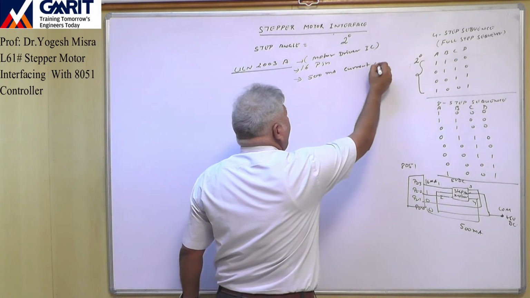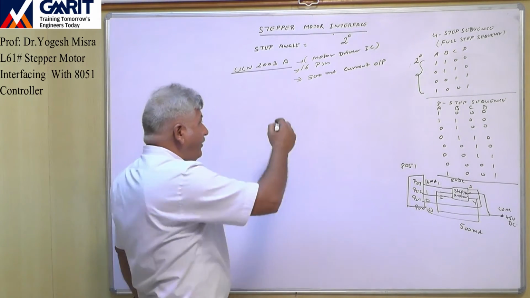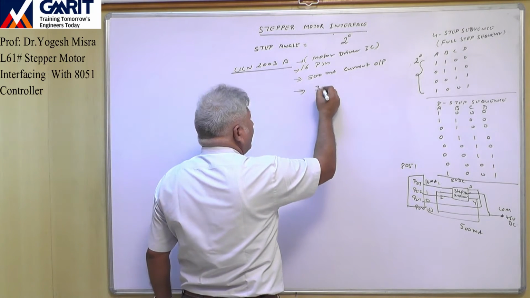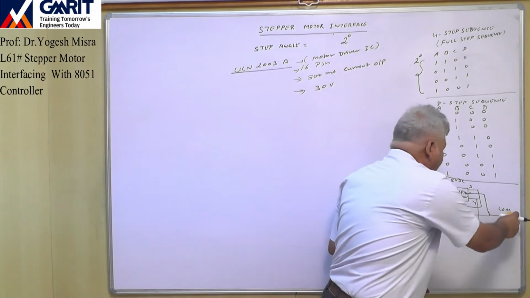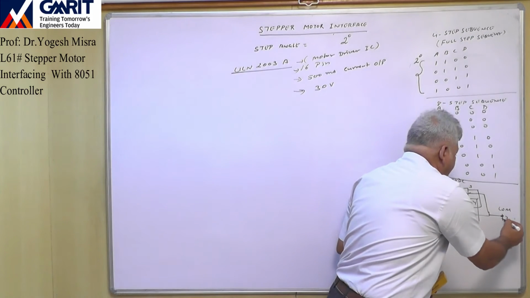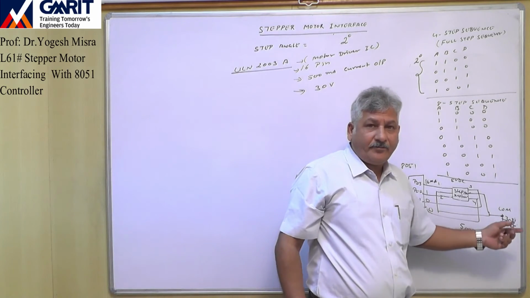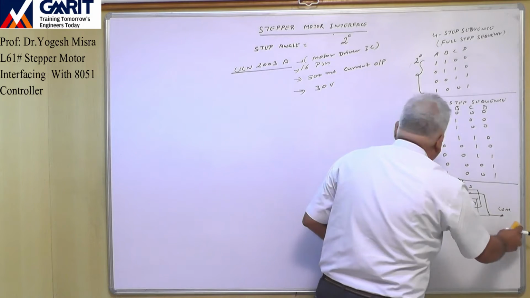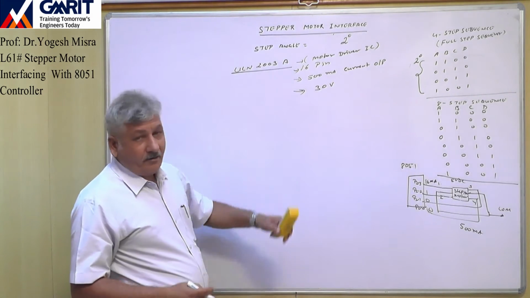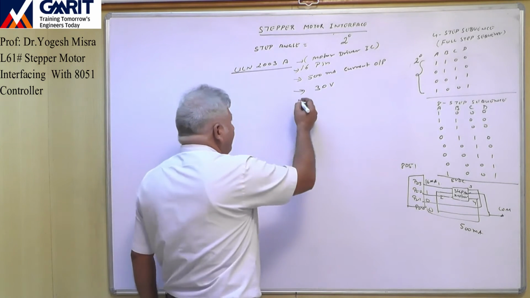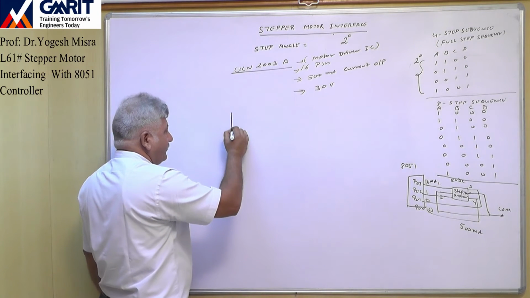This IC generates 500 milliampere current output, and the output voltage can be of 30 volt. So if we are having a stepper motor which operates at 30 volt, then we can connect 30 volt DC to this, right? So we will use ULN 2003A part number IC, and the internal structure of this IC is somewhat like this.